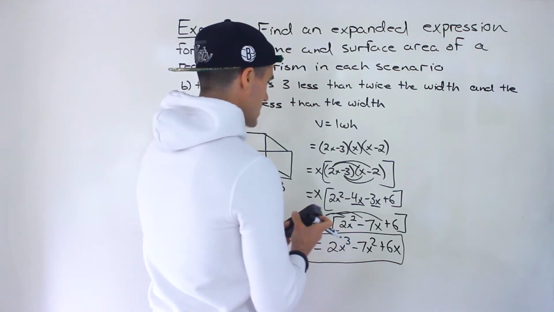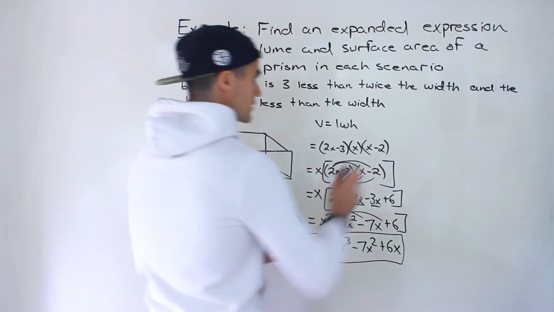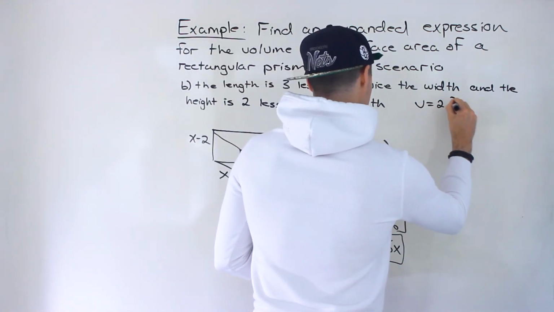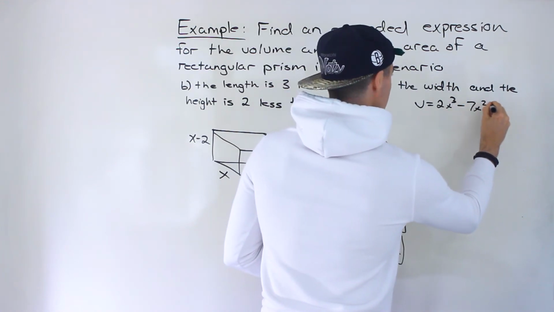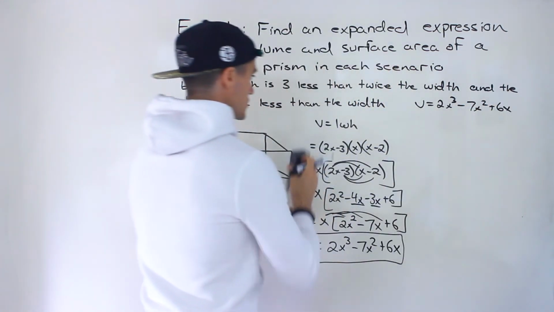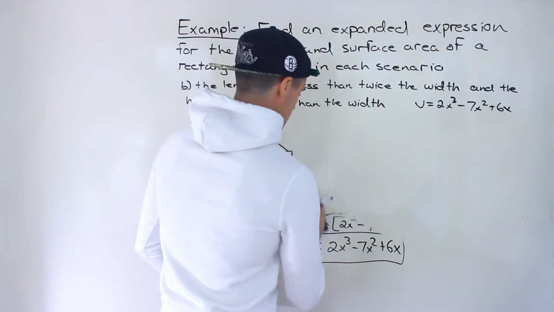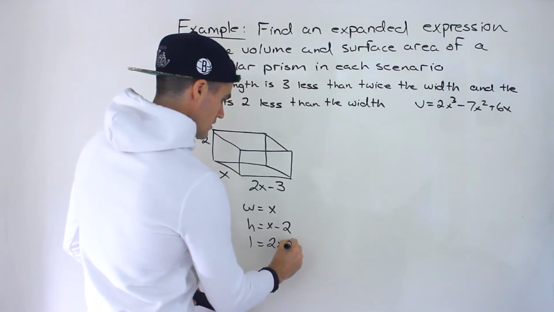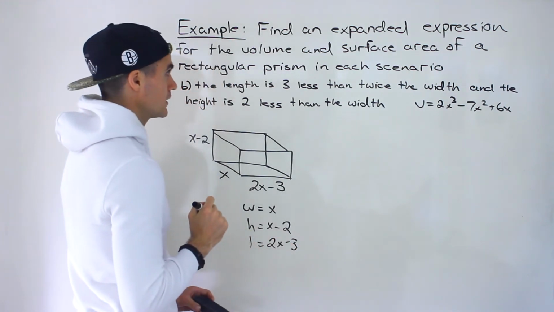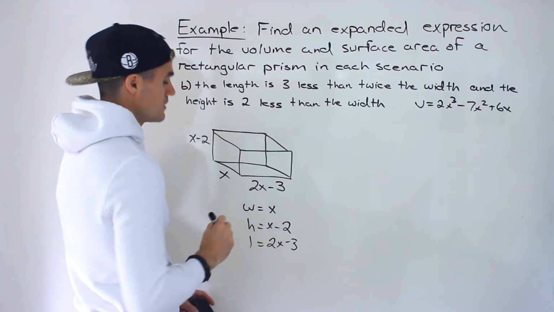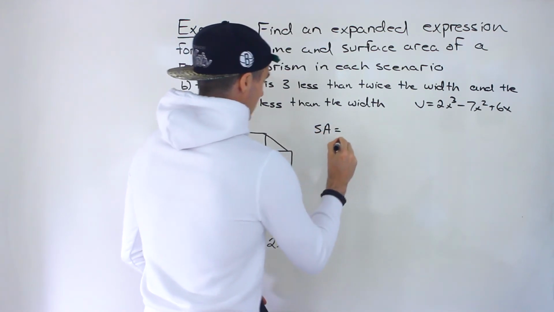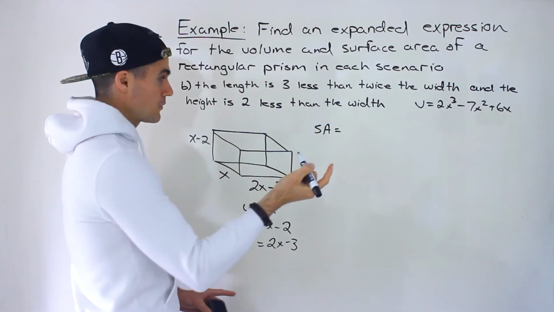Now the surface area, I'll write out the answer over here. And then the surface area, let's actually just erase all this and use all of this space because it's going to be a more complex calculation. This was 3, right? Yeah. So surface area, what was that formula that we had before?